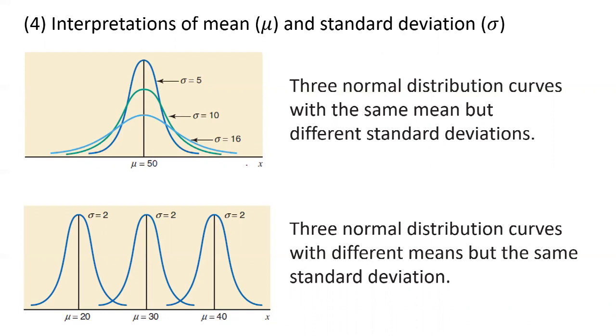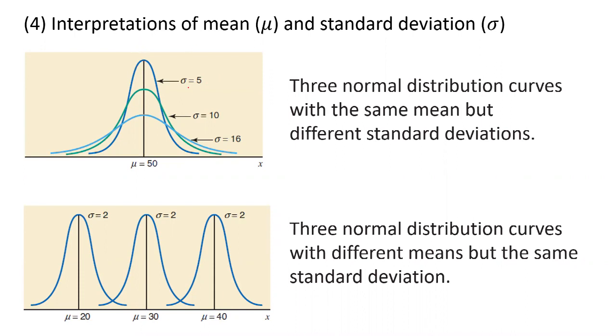For example, let's look at the first diagram. There are three normal distribution curves here with the same mean but different standard deviations. Same mean means the relative positions of the three distributions are the same, right? The symmetric axis is the same.